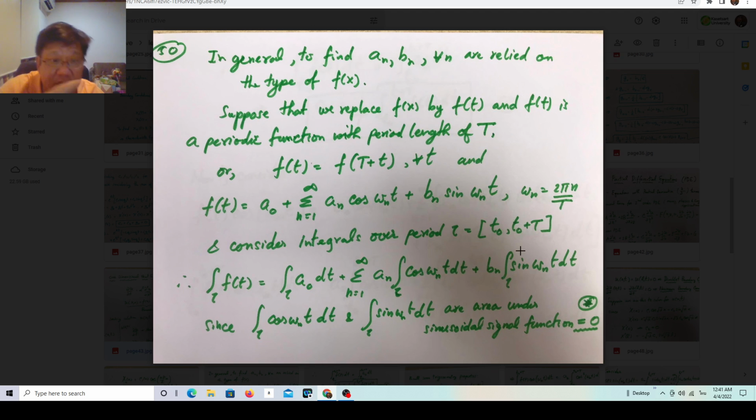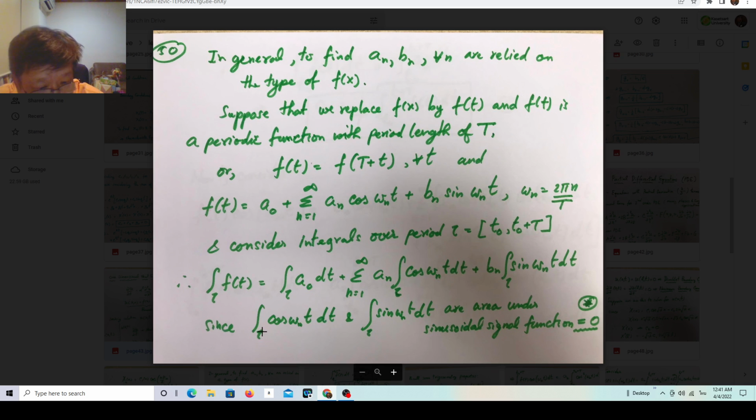You can imagine the cos function or the sine function, it doesn't matter what the frequency looks like. For the whole period, the area above and the area below cancel each other. So it becomes 0 here.